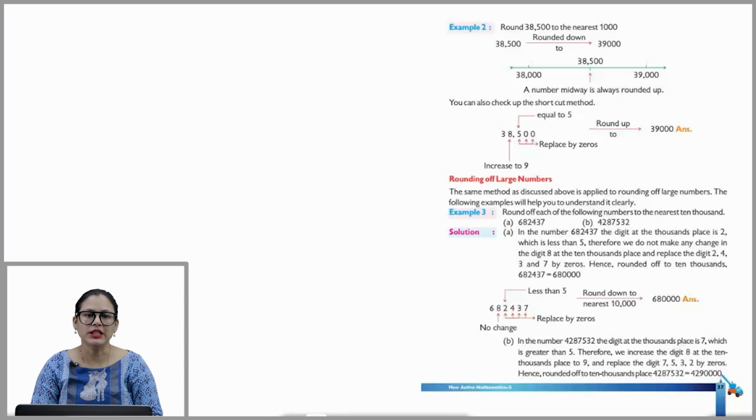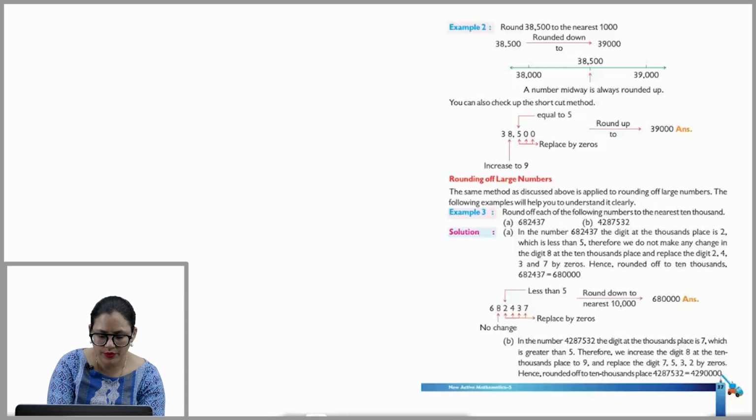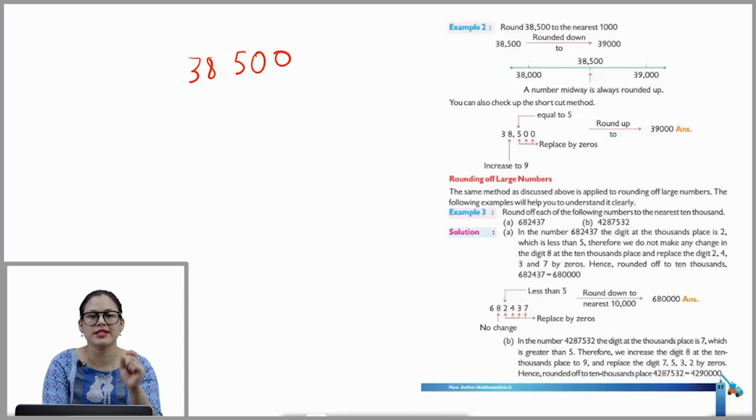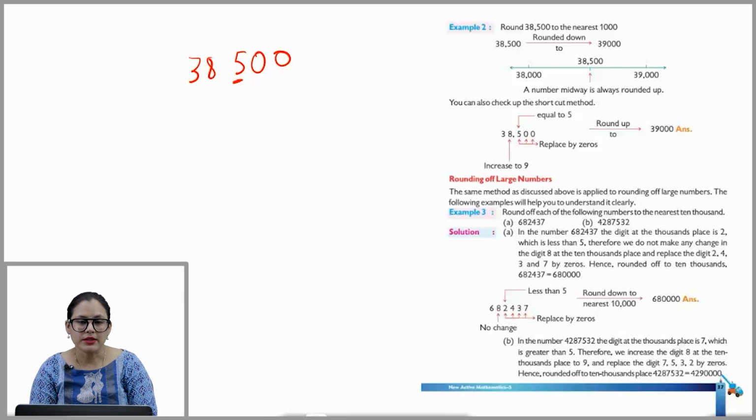Example: round 38,500 to the nearest 1000. Here we will use the shortest method. For the nearest 1000, we will check the digit at the hundreds place. This digit is equal to 5.